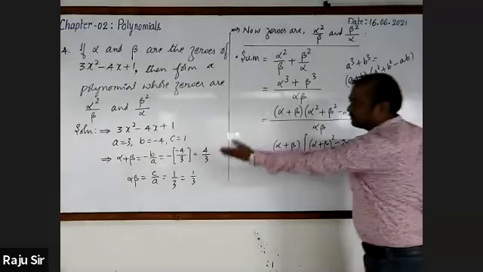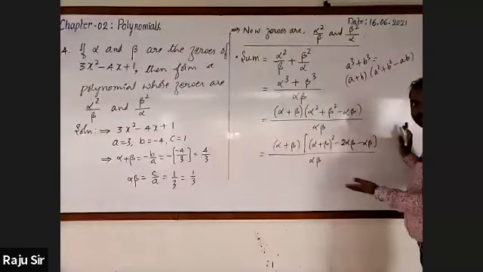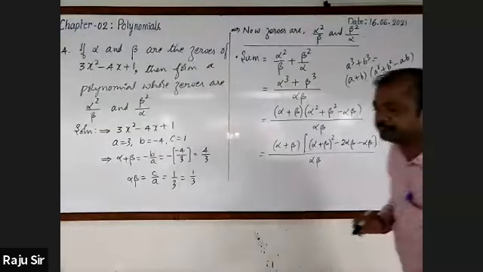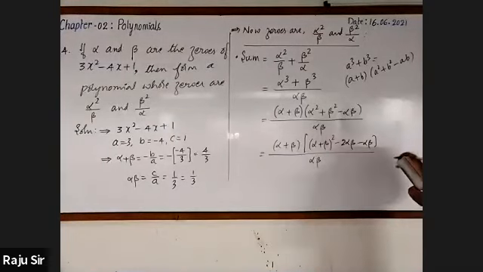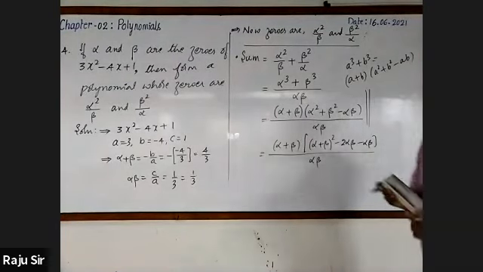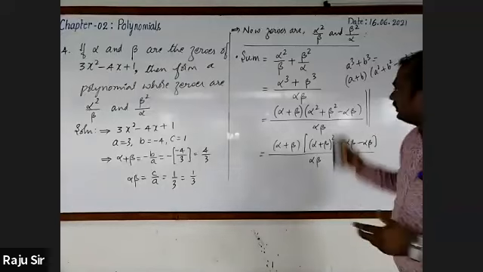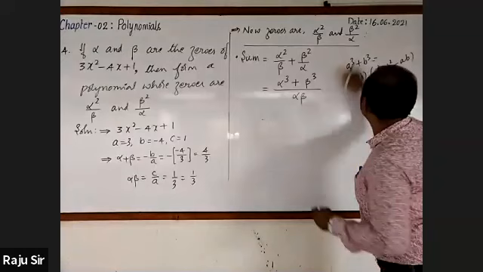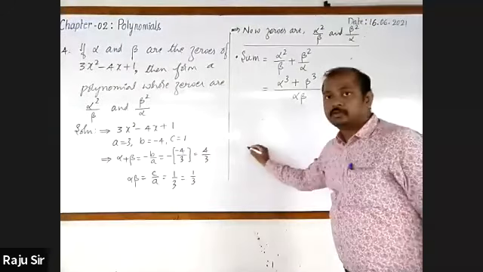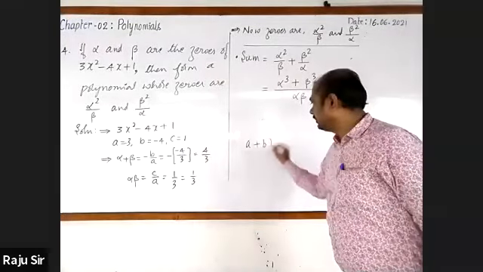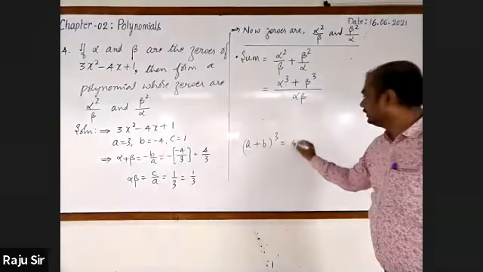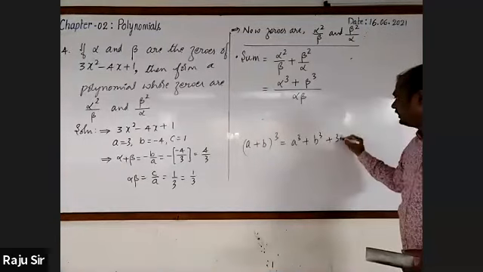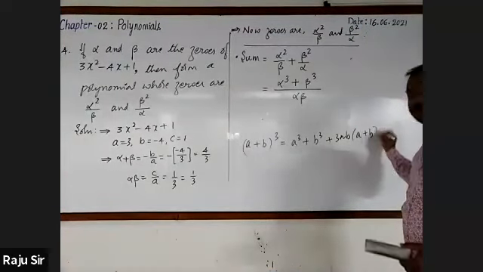We know sum and product, we can substitute. This is one thing. There is an easy method, another method also, I'll tell you that. By recalling the identity a plus b whole cube is equal to a cube plus b cube plus 3ab into a plus b.